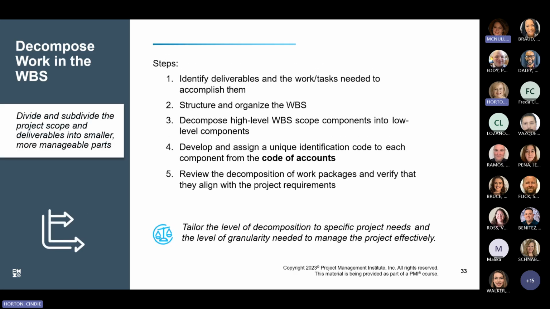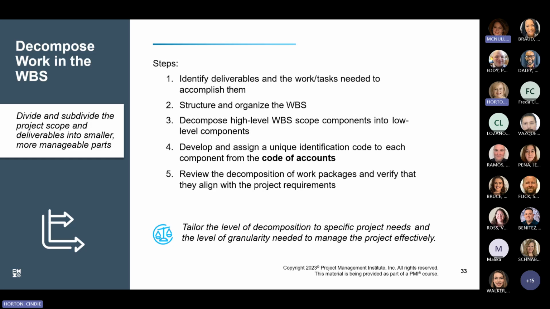Predictive planning approaches start with the high-level project deliverables up front, and then they decompose them into more detail. The level of decomposition is based on specific project needs and the level of granularity needed to manage the project effectively.